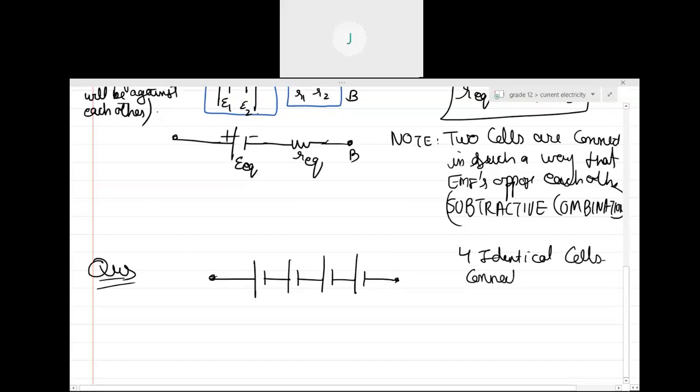Can you find the E equivalent and R equivalent? All of the cells have E comma R. Can you see all of them are in the same polarity? Tell me. 4E and 4R, right?